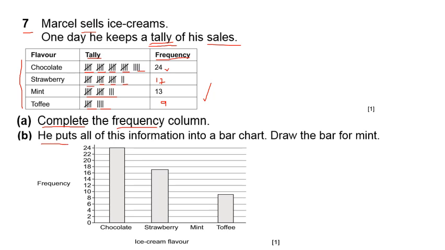B, he puts all this information into a bar chart, draws a bar for mint. Mint, we have 13 people buying mint. So in the mint column we have to look here. Where is 13? So we've got jumps of 2.